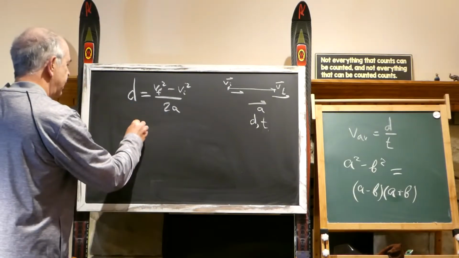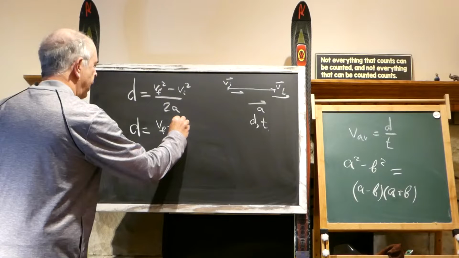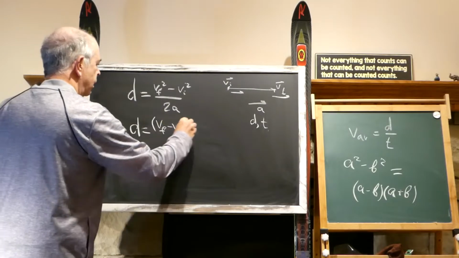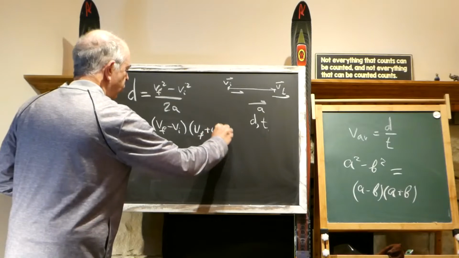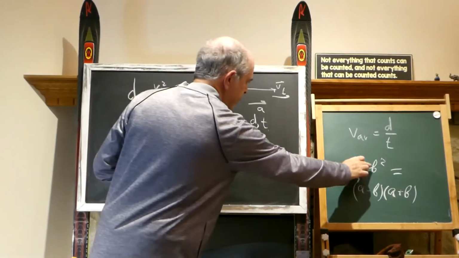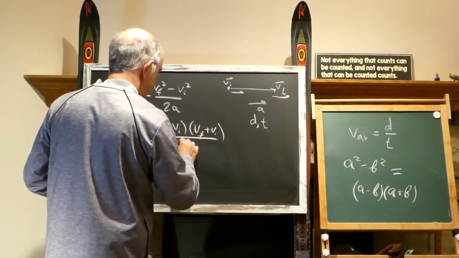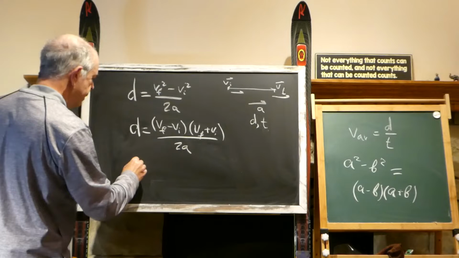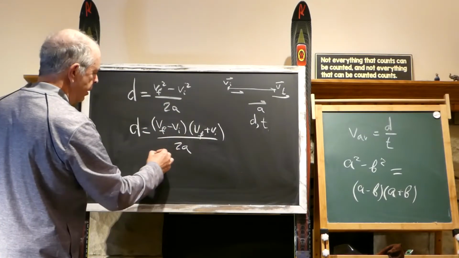So let's try here. d equals v final minus v initial, and here would be v final plus v initial. All I did was a squared minus b squared, a minus b and a plus b. And of course not to forget denominator. And then I have v final and here v final.